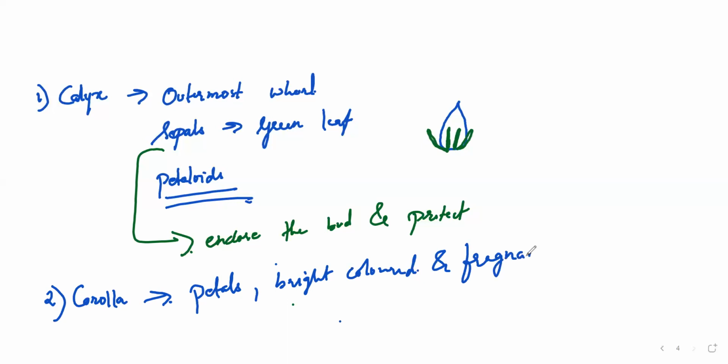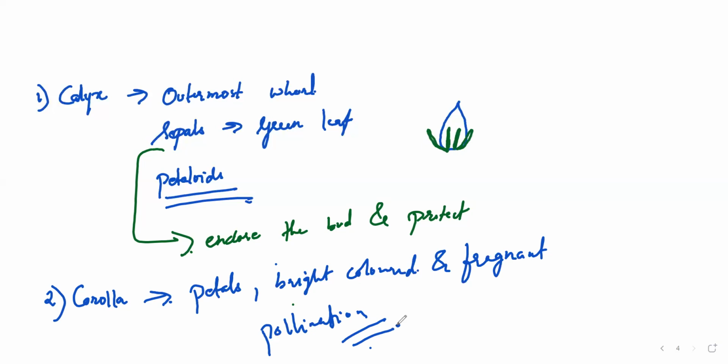Not all flowers are fragrant, but most of the flowers produce fragrance as well. So corolla is what? Colored petals, correct? Because of the colored petals and the fragrance, the pollination process occurs. These petals help to attract the insects for the pollination, and hence pollination takes place.